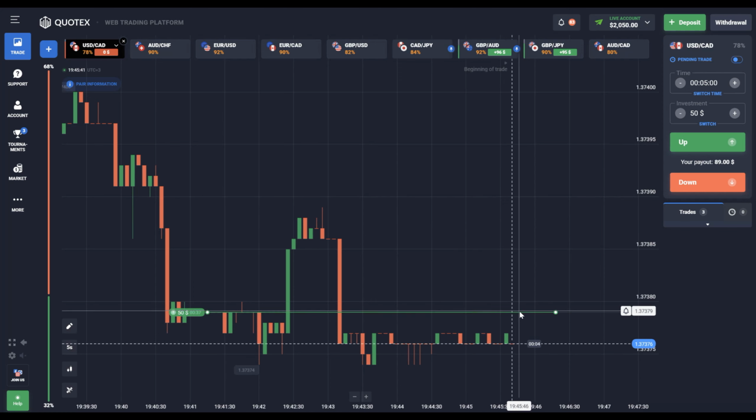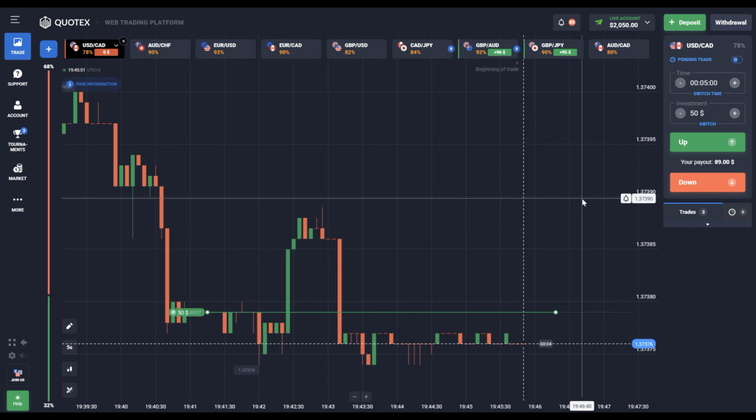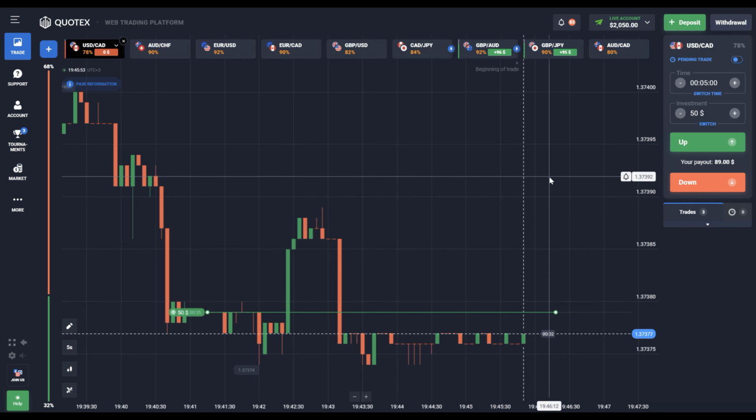Here, basically, the difference is very small. The difference is 3 points. That means the price can move that in a split second. But can doesn't necessarily mean that's exactly how it will be.